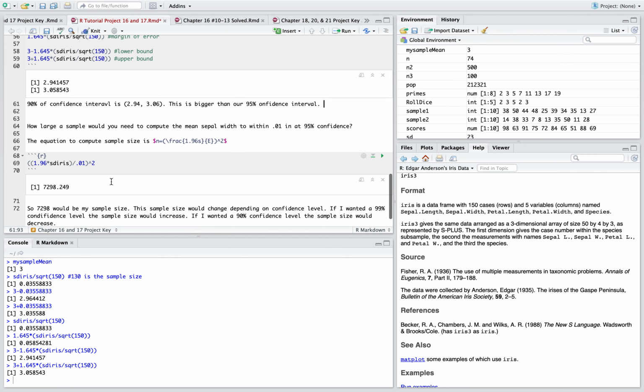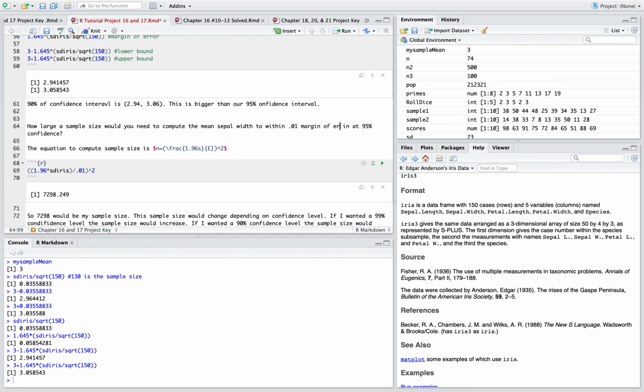Okay, so how large of a sample size would you need to compute the mean sample width to within 0.01 at a 95% confidence level? So like, this is what I want my margin of error to be. Okay, so the equation to compute a sample size is this. n equals 1.96 times our standard deviation divided by the desired error, squared.